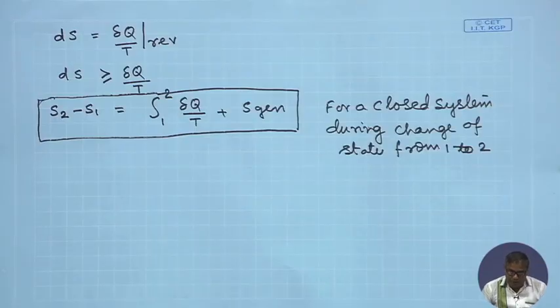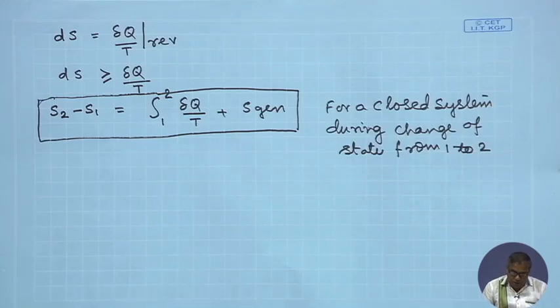We have to remember this will be dependent on the path, and then there is S gen, because if the process is not a reversible one, if it is an irreversible process, then there is some amount of entropy generation.